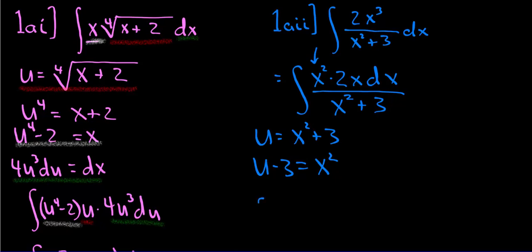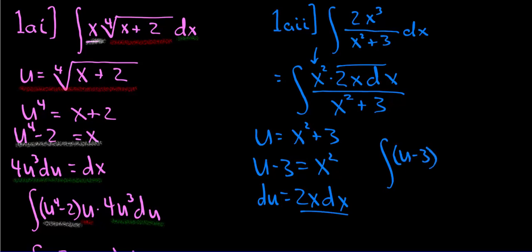Now, we've got du equals 2x dx. Look at that, there is 2x dx right there. So let's see what we have now. If we put everything in terms of u, here's what we've got. In place of x squared, I've got u minus 3. In place of 2x dx, I've got du. And in place of x squared plus 3, I've just got u.